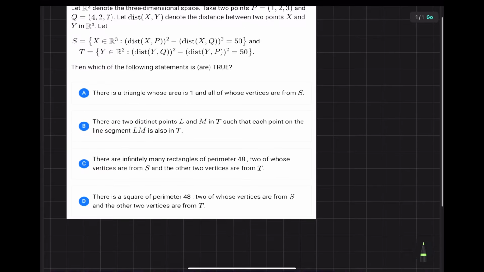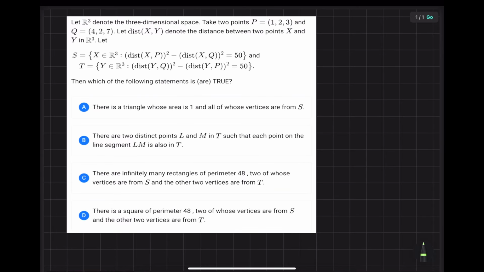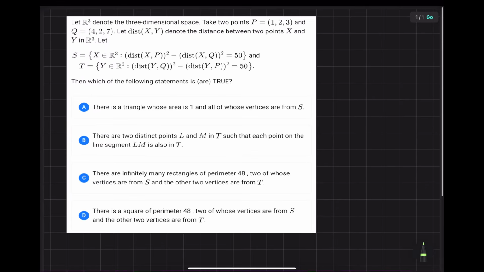So what we will do is, suppose that first we consider point X, so point X is (x, y, z). Look at this: this is distance squared, and distance squared means you get rid of the root. So can I find the XP distance?